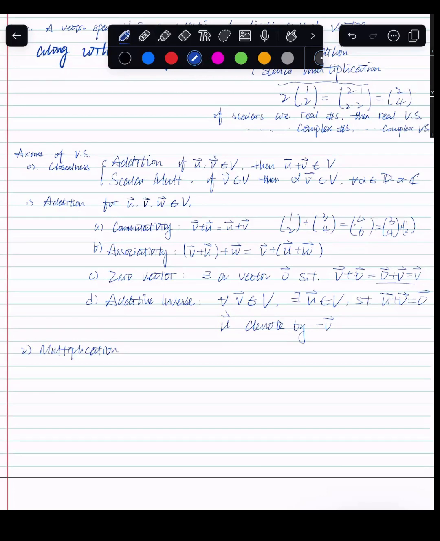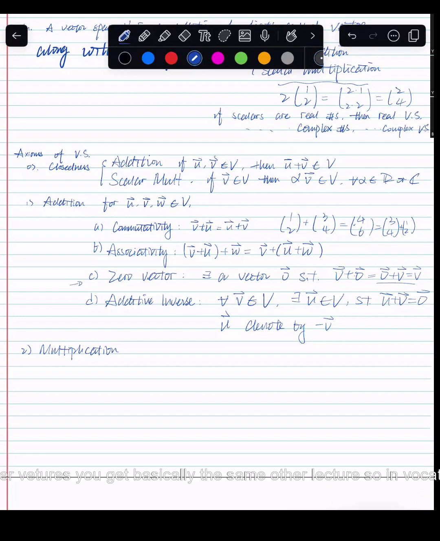Okay, similar to addition, where the zero vector can also be called the additive identity because when you add zero to other vectors, you get the same vector.